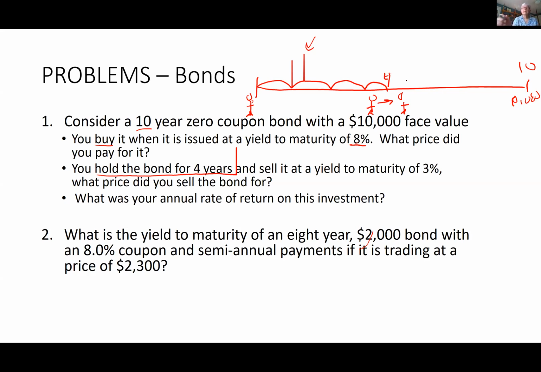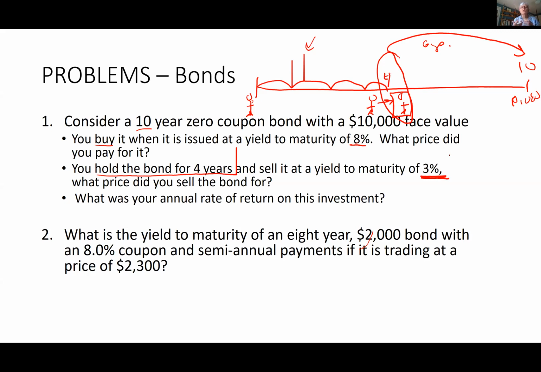So what you need to think about is at time 4, this person is buying, they're going to receive $10,000 6 years later. So they are buying $10,000 6 years in the future, and for them, their yield to maturity is 3%. So what you're doing is establishing the price.